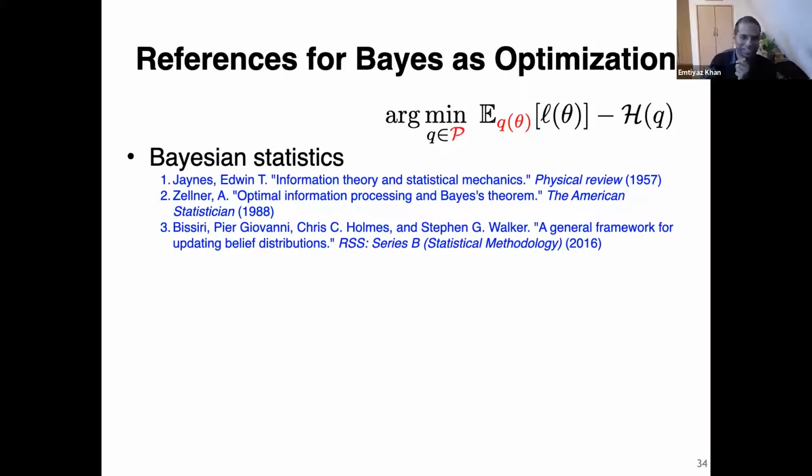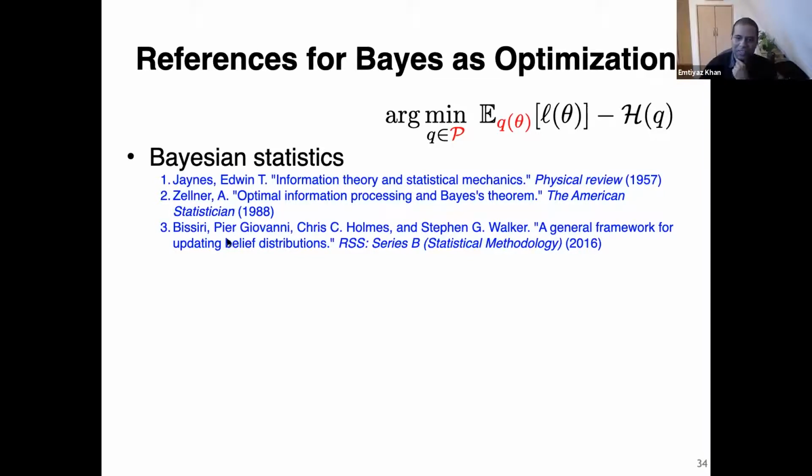It was not Bayesian at the time, but later on he realized that this is part of a bigger thing that Gibbs originally had written, and then connected it to Bayesian principles. So he became a really big Bayesian advocate, and he wrote a lot of papers afterwards on why Bayes should be used most of the time in statistics. Zellner has also written about this, and this is where I learned these things. There are lots of beautiful things in this paper, talking about how this information processing can happen sequentially.